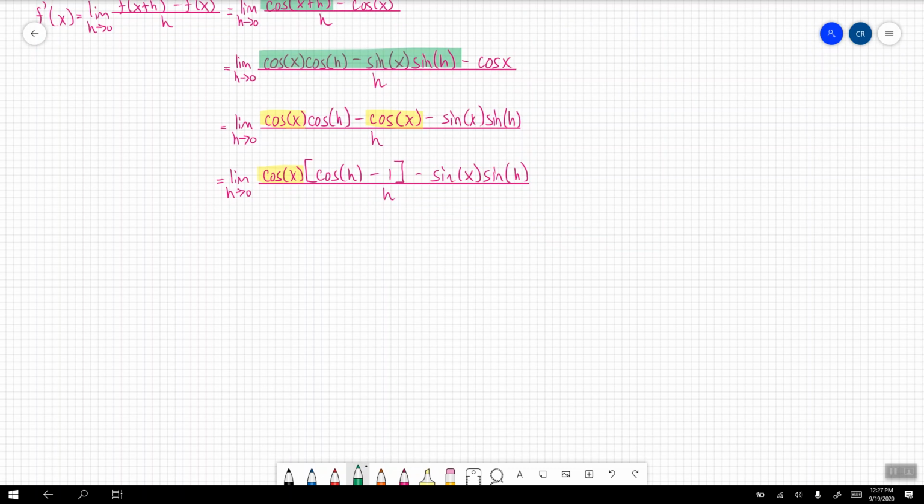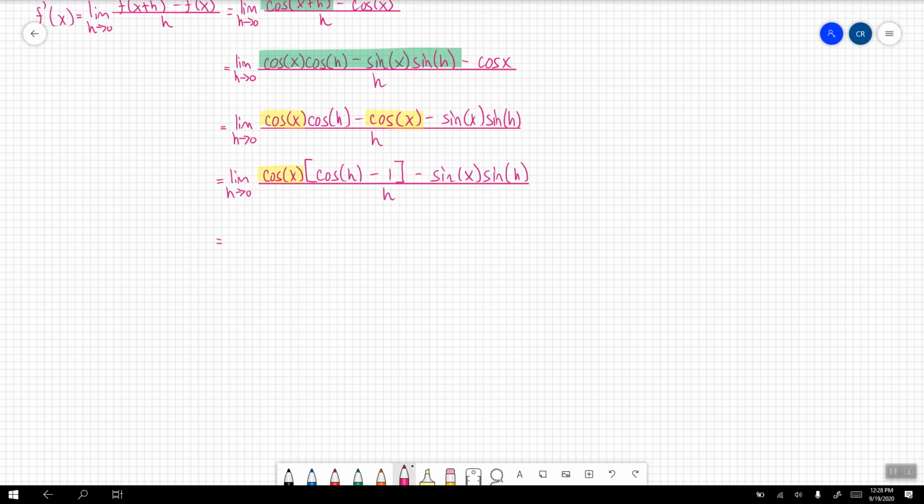Now, what we're going to do is distribute this limit into each individual term on that numerator, while simultaneously deconstructing this fraction into its appropriate fractions where they all have a divisor of h.